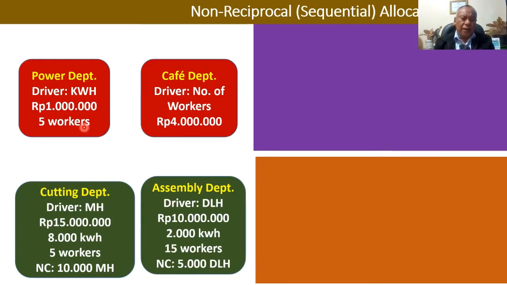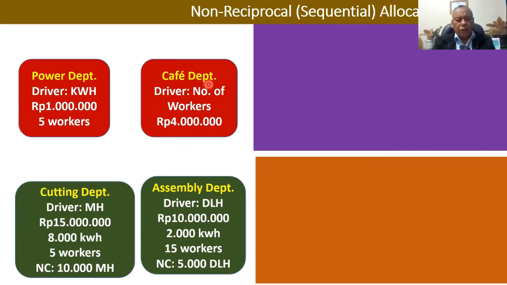To determine the sequence, we can consider the service provided by the service department. In this case, for example, the power department provides electricity to cutting and assembly, right?